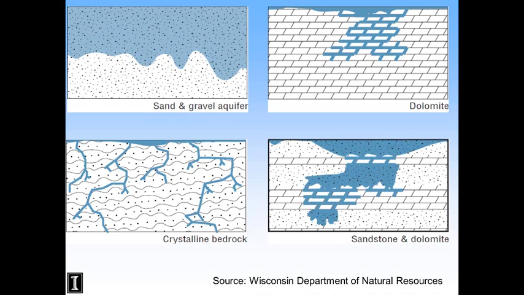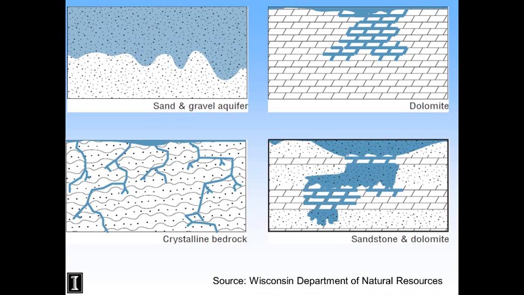The one below that, the sandstone and dolomite: in reality, the geology you have at any location is multiple layers. So you have shales and sandstone and dolomite and limestone until you get to, I believe the right term is a crystalline basement, which is the crystalline rock that's below all the sedimentary rocks.